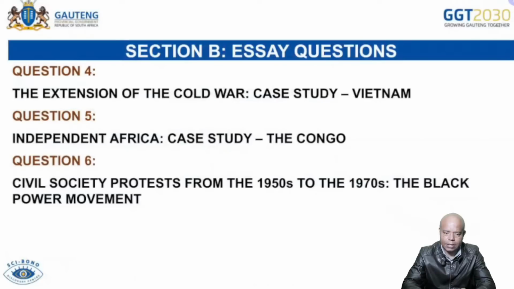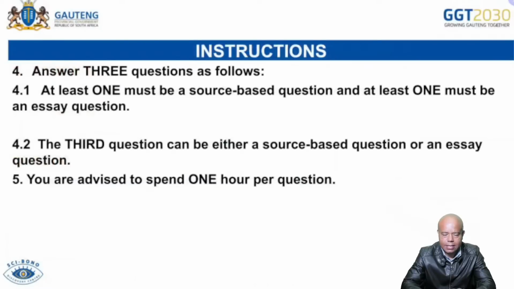Now the question is, what do you do with section A? What do you do with section B? On the screen, you can clearly see it says you must answer 3 questions, meaning not all 3 from section A, and not all 3 from section B. When you look at the screen, 4.1 says at least one must be a source-based question and the other one must be an essay question.